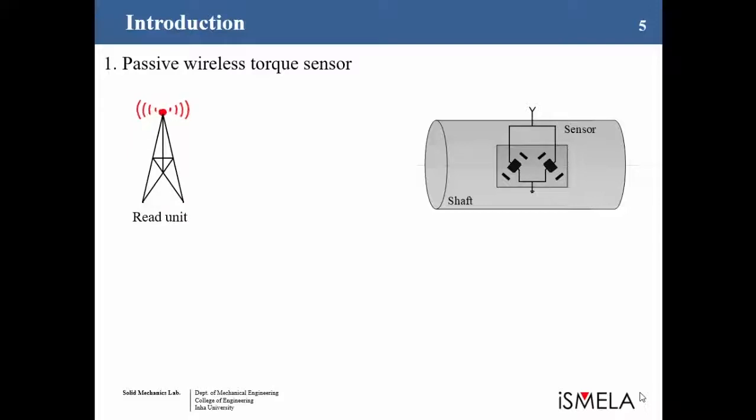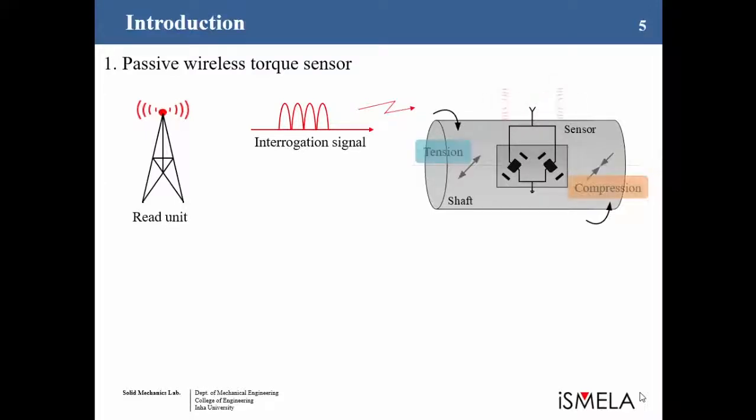First, the radio unit will send out some signal to read the information from the sensor. Initially, there's no change. Initially, the response signal has the same nature, frequency, and phase.